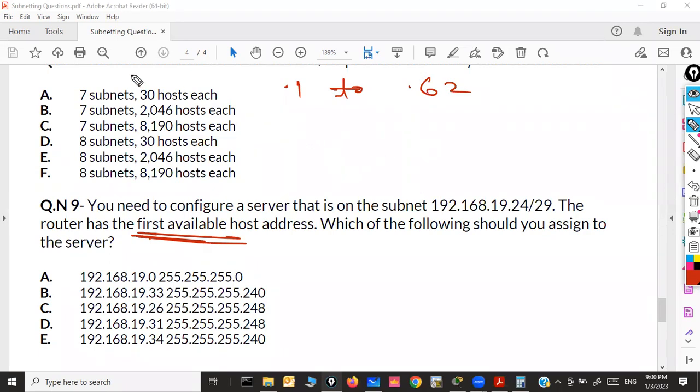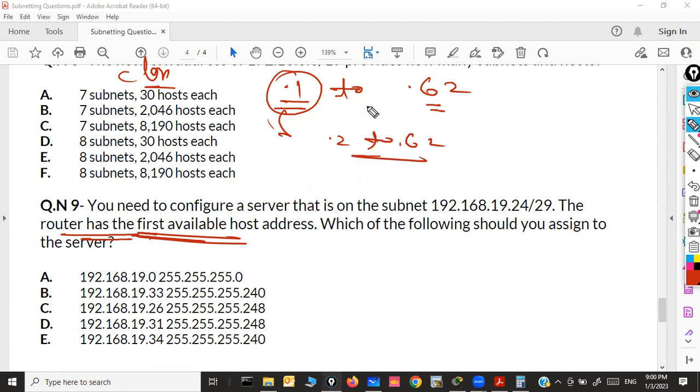So for example, in any subnet, a range of valid IPs 1 to 62, and the question says the first IP is already in use, meaning the first IP has been already assigned to the gateway, to the router, so we are still free to assign any address from .2 to 62. From the same range, we can assign any IP address to the server, to the laptop, to the tablet, anywhere.